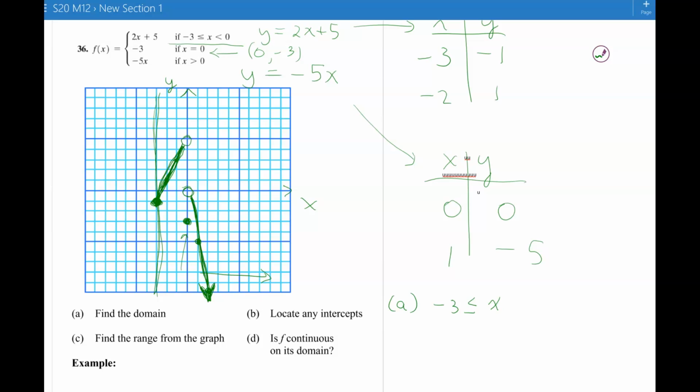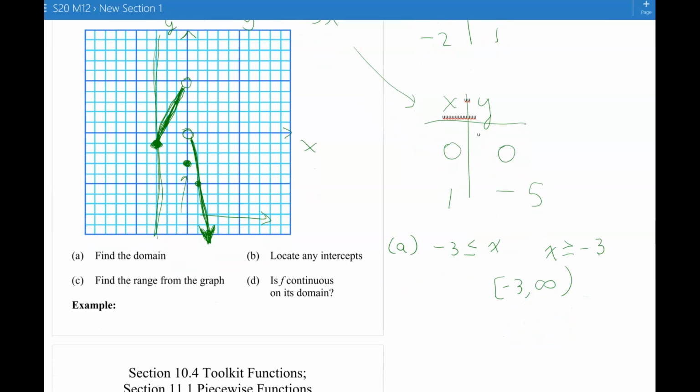And in fact, I was just writing it this way for it to make sense matching up to the domain shown in the piecewise definition of the function. But usually you write the x on the left and say x greater than or equal to -3. And then you can write that in interval notation. So these all mean the same thing. So that's the domain.